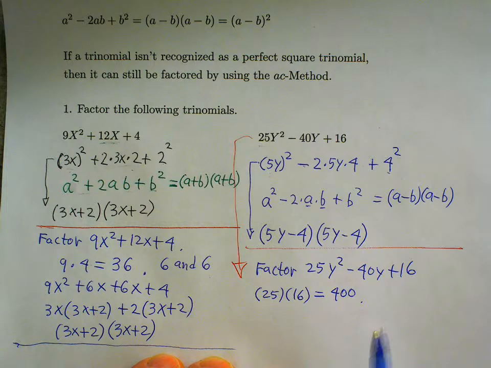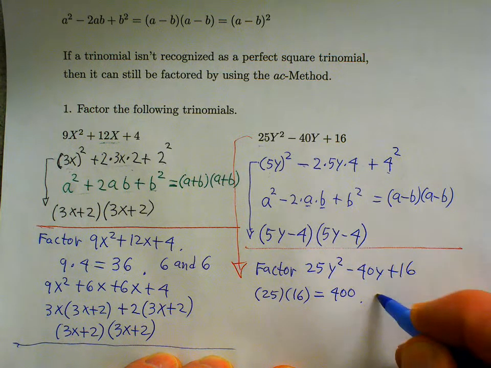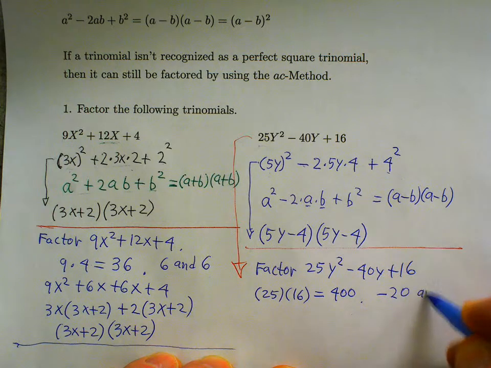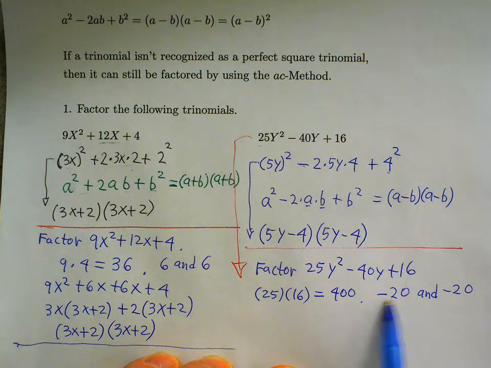Well, if they add up to negative 40, they both must be negative. So negative 20 and negative 20. So having the right sign is important, they both must be negative.